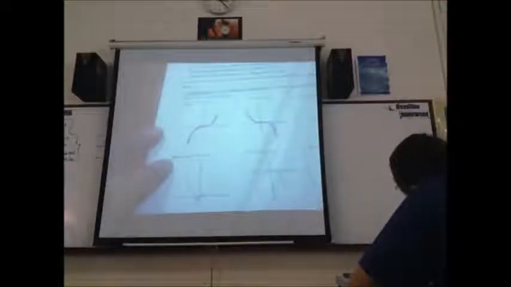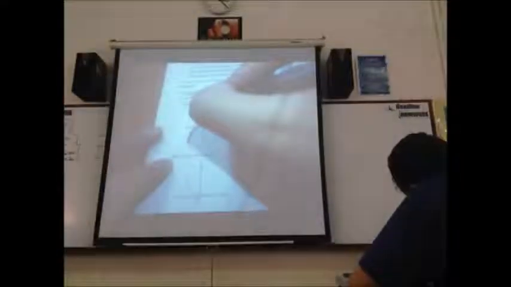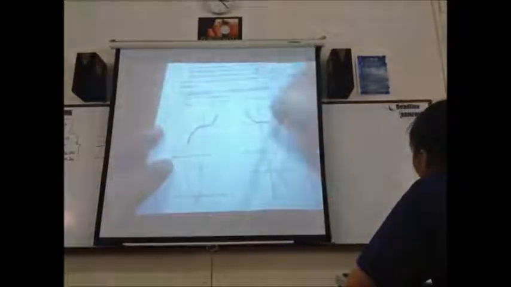Why are there two? This is positive 3. This is not. The power is 3, but the number in front is negative. So you can write this is y equals x cubed. Now what about this? y equals negative x cubed. So that's why you get two different graphs.